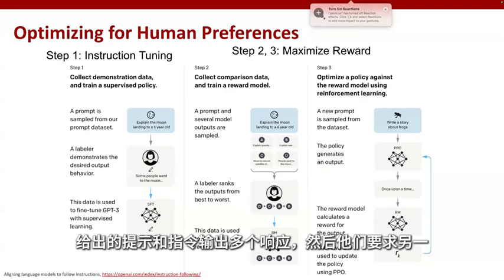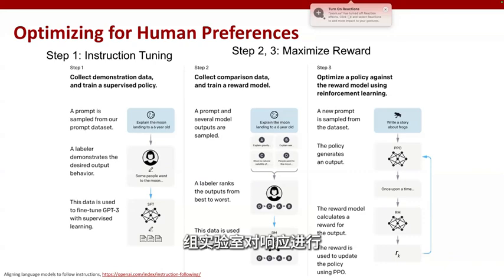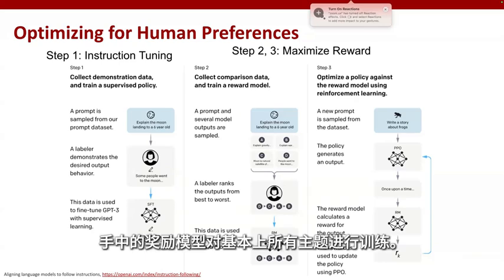They ask another set of labelers to rank the responses from best to worst. And then they train a reward model that takes this human preference. After they have this reward model, they can scale up the training and train the model on essentially all topics with the reward model in hand.